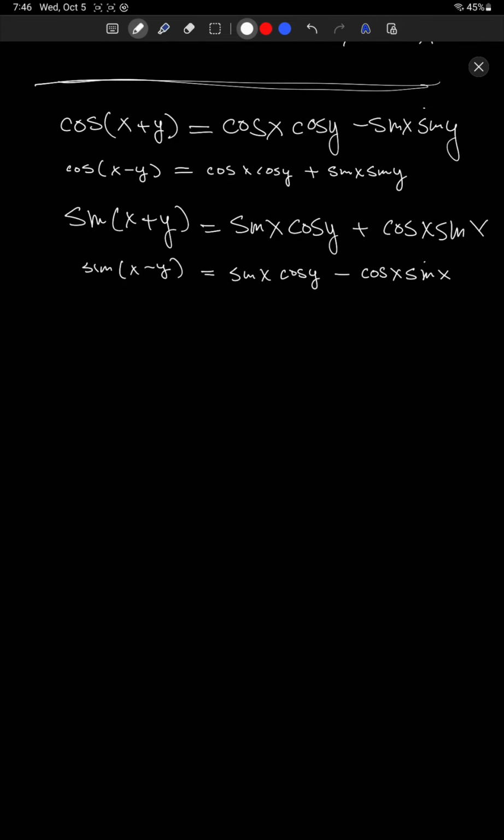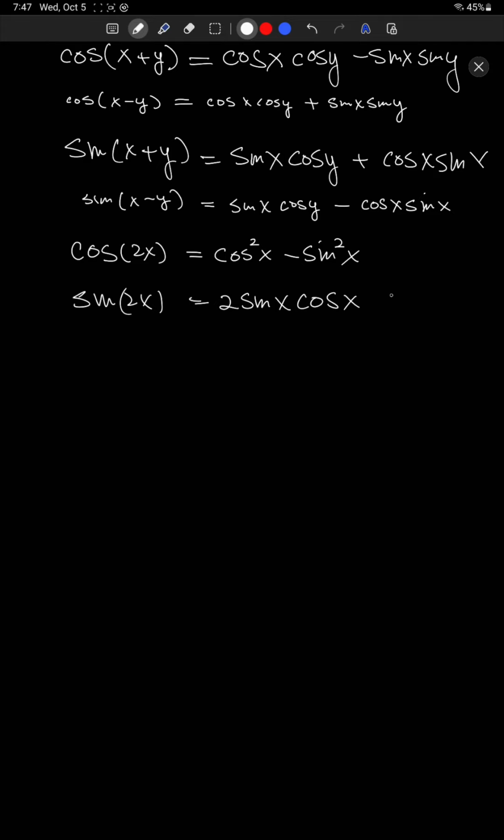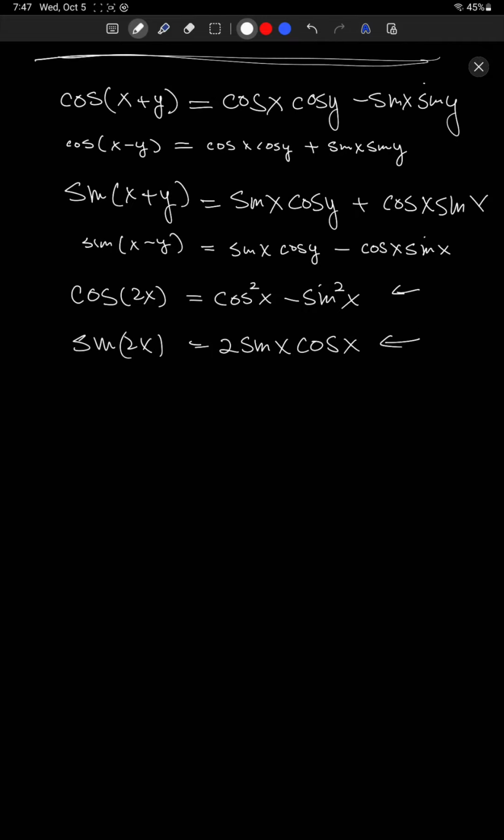Okay. And then we got the double angles. So cosine of 2x equals cosine squared x minus sine squared x, right? We have the sine one, sine of 2x is equal to 2 sine x cosine x. And again, we might not be using this one too much in our class, but this one in particular is very useful in calculus. Actually, the one above as well. Okay.